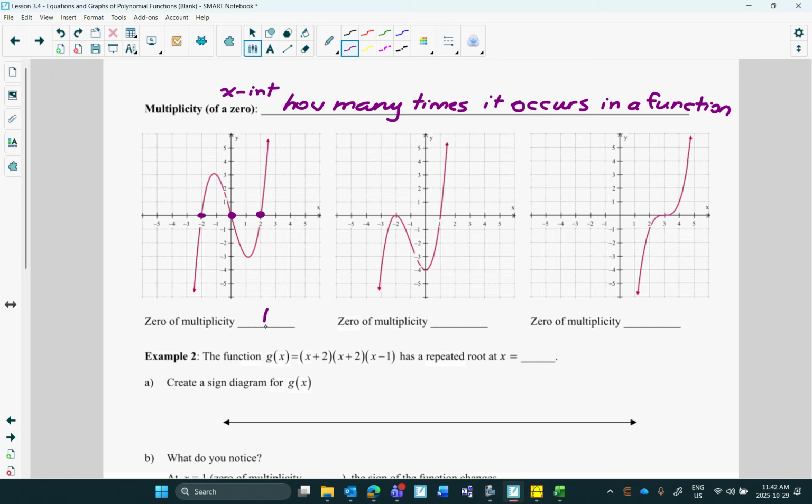It bounces back at -2. This is still a 0. It hits it, but it bounces back. It doesn't go straight through. When it bounces back like that, we call it a 0 of multiplicity 2. This one's still multiplicity 1, because it goes straight through the 0 or the x-intercept. But this one is multiplicity 2.